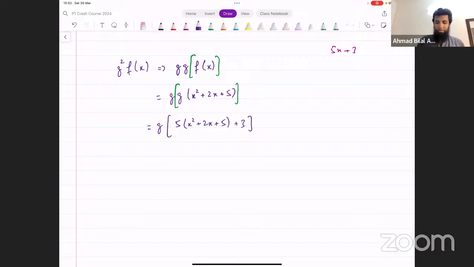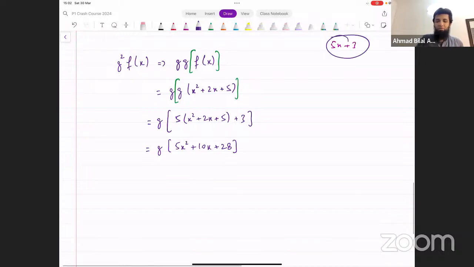All right. Now, let's simplify this and see what that gives us. g of, not into, it's not multiplying, g of 5x squared plus 10x plus 25 plus 3, that's going to be 28. And now we have the final step in which inside g, we have to input 5x squared plus 10x plus 28. Now, again, in this function, in place of x, we input this whole thing.